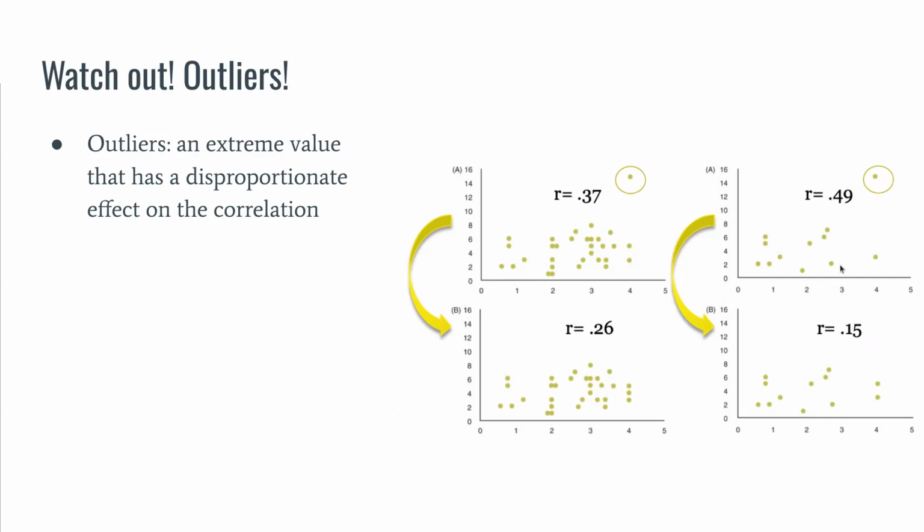So the best solution is to obtain a large sample. If you obtain a large sample, the impact of an outlier on the correlation coefficient is not that big. If that's not possible, then you would want to report statistics both with and without outliers.